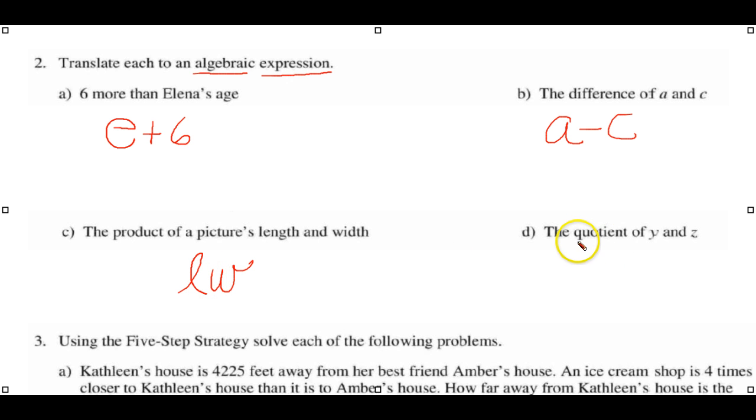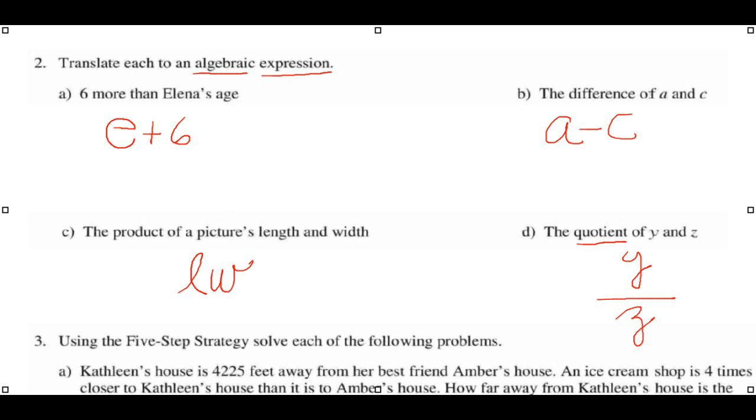And here the quotient that we've used before is just a fraction where the y is on top and the z is on the bottom. So this is a quotient. And the first one goes on top, the second one on the bottom.